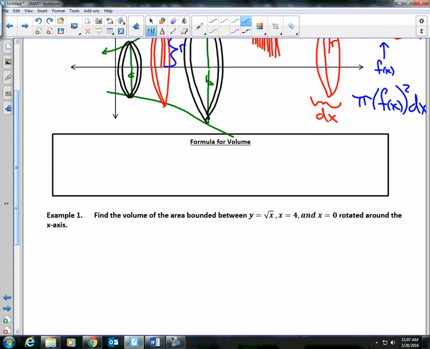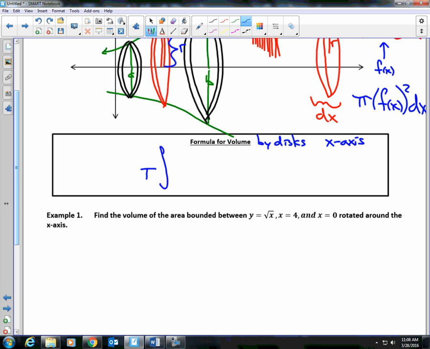How many disks would you like to add up? An infinite number. So therefore, the formula for volume by disks around the x-axis, and there's a number of ways we can do this. We're going to change a lot of this in the future, and do just very basic examples today.